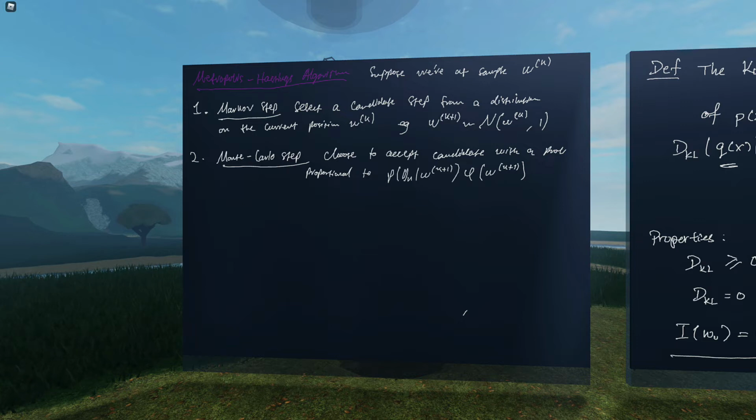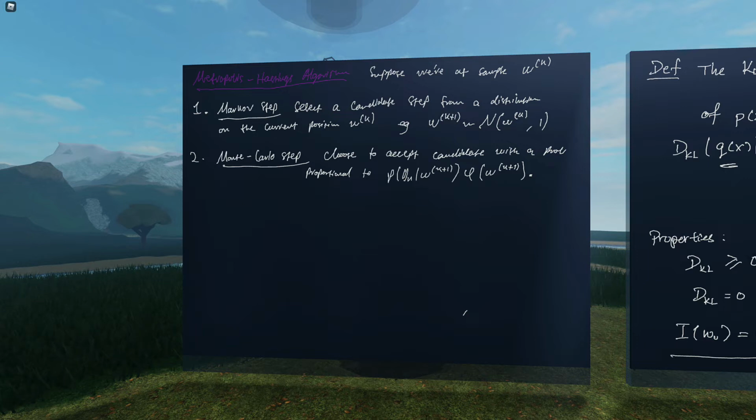And so I'll explain this a little bit more when I talk about Hamiltonian Monte Carlo, but the fact that we choose to accept with a probability proportional to this is to say that we are adding some natural stochasticity into this process so that it isn't just all about extremizing, finding the extrema of the posterior.